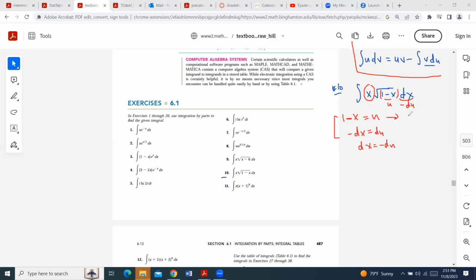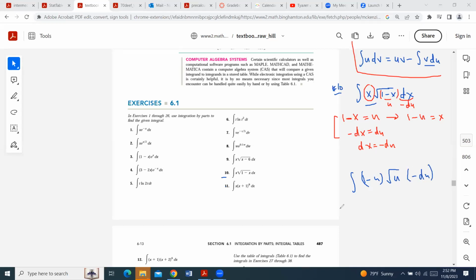Notice that out of this substitution, I can say 1 minus u is equal to x. So the point is that we can integrate now, because instead of our x, we're going to have 1 minus u. Then we have a square root of u, and then multiplied by negative du.